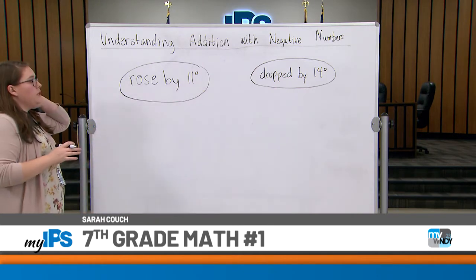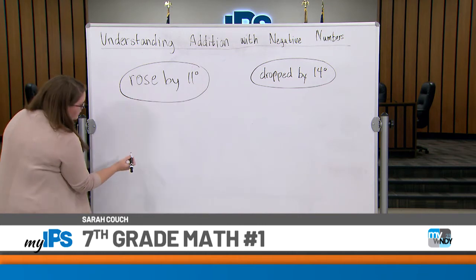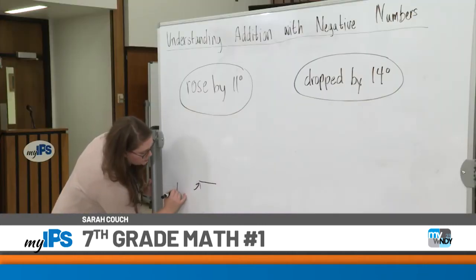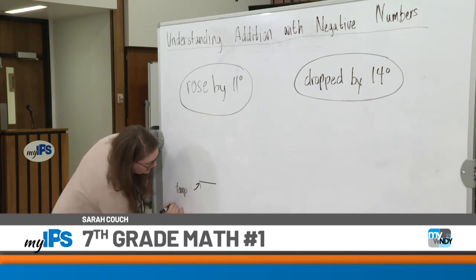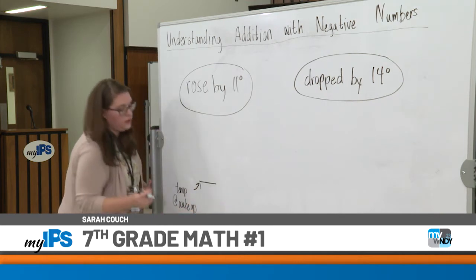This is important because we need to think about the context of this. So we're going to draw a quick diagram. This line is going to be the temperature at wake up. We don't know what it is.